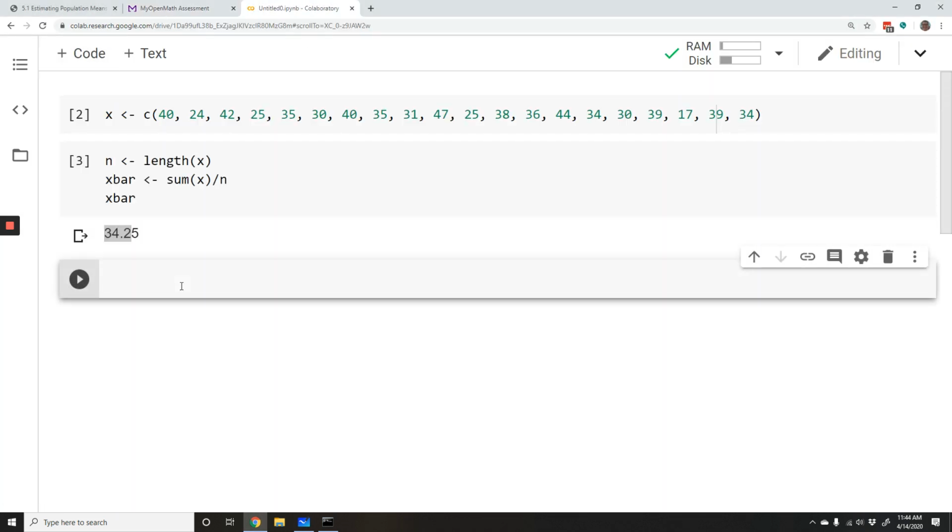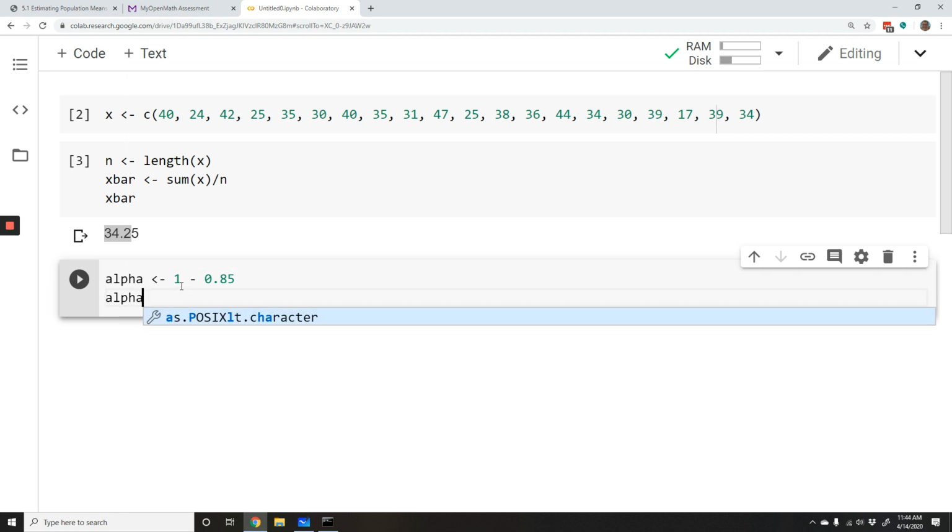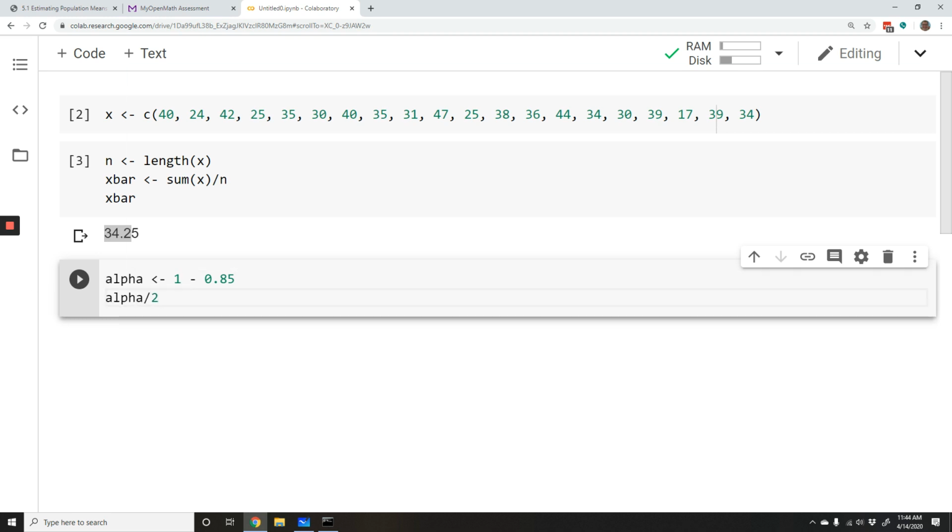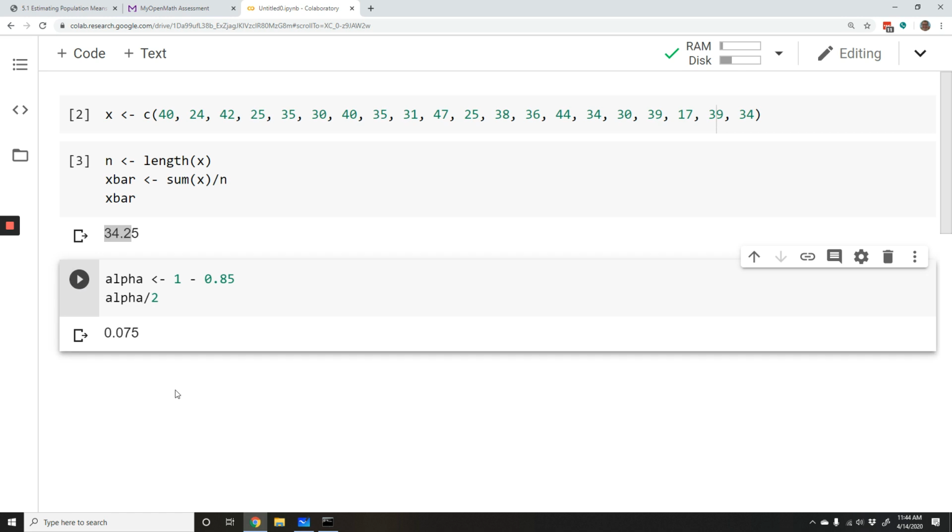So alpha is 1 minus my confidence level, which for this problem is 0.85. And once I have that, I actually want to know what alpha over 2 is, because that's what the problem's asking for: 0.075.